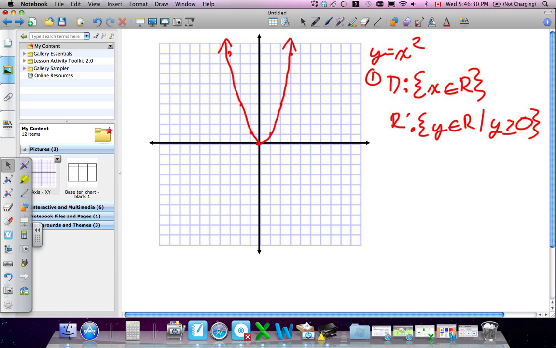What are the characteristics? X-intercepts. Okay. Again, our x and our y-intercept are both at the origin. So when x is 0, it just so happens y is 0. Okay? But that could change. In fact, with the quadratic, you can end up having 2 x-intercepts. Right? Continuity. This is continuous from left to right.